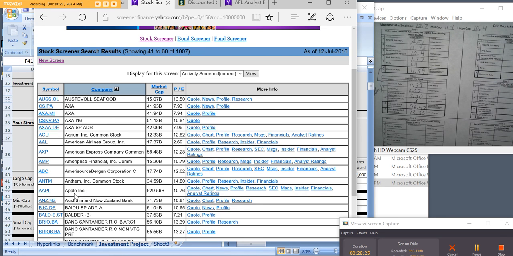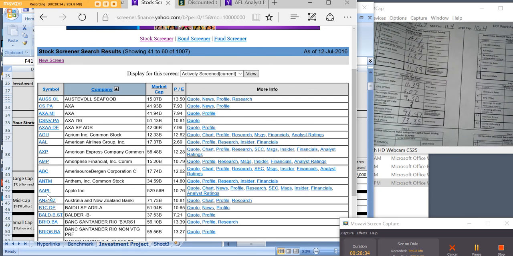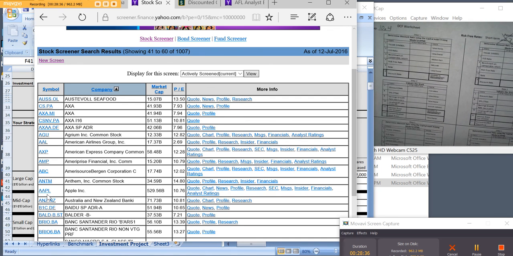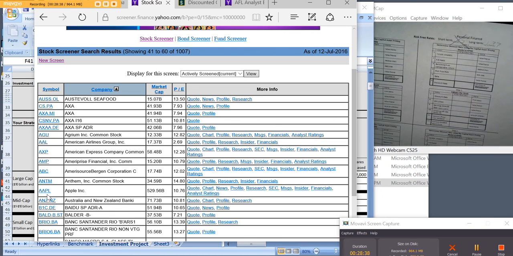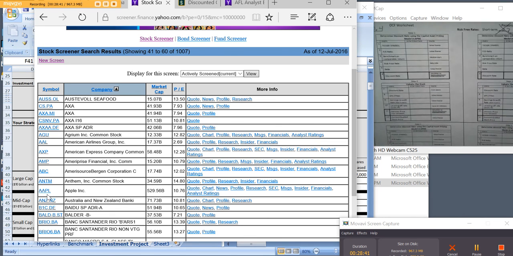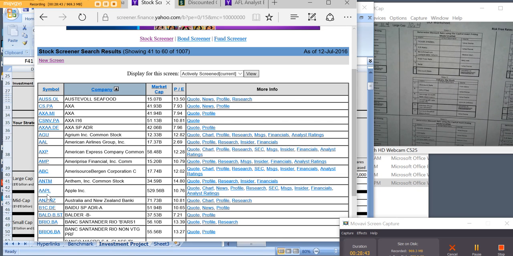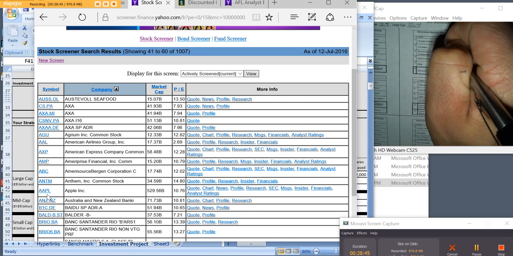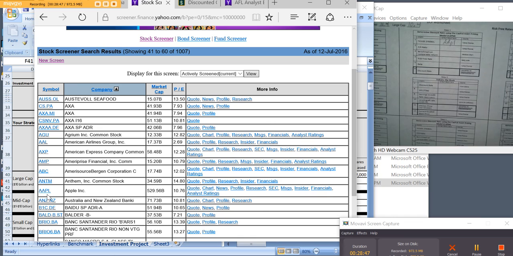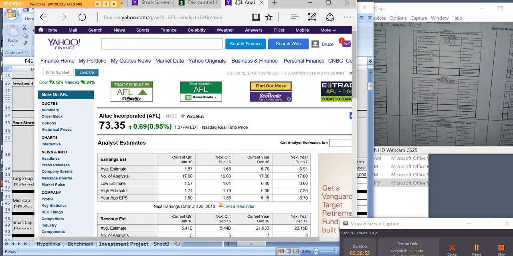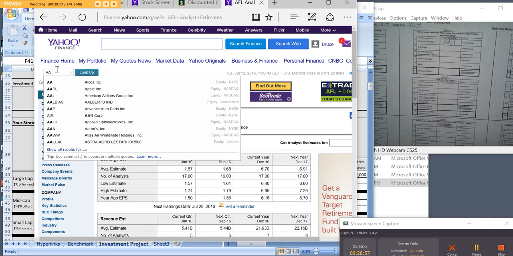I'm going to go ahead and pick Apple, though. And we'll see Apple Incorporated's ticker symbol is AAPL. So I'm going to go to my next sheet and write down the ticker symbol, AAPL. Now I'm going to go to this other Yahoo page, and I'm going to enter in AAPL.